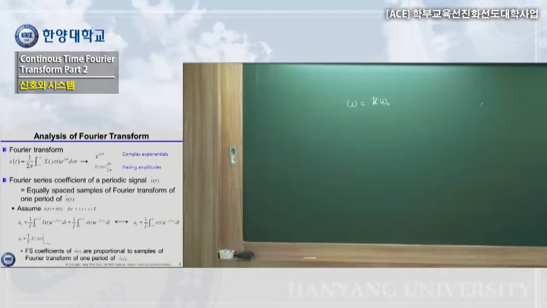In those periods, to find a_k, the Fourier series coefficient, we use 1 over T times the integral over one period of x tilde times e to the minus jk omega 0 t, which is the definition of the Fourier series coefficient.